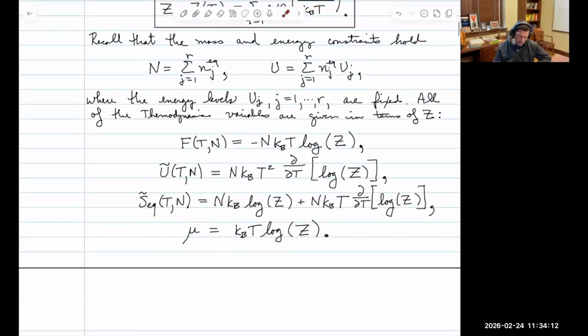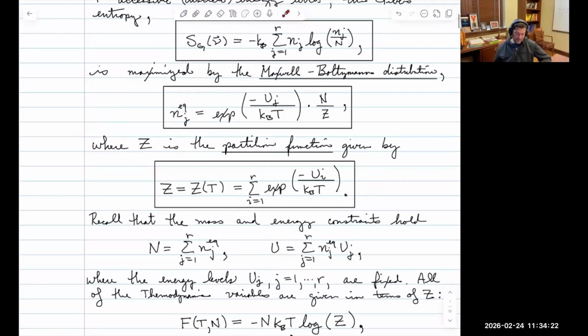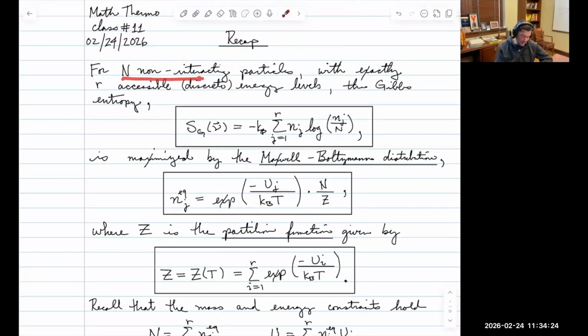And finally, we can show that the chemical potential can also be written in terms of the partition function. Now, this is all in the context of n non-interacting particles with exactly r finite number of discrete energy levels that are accessible.